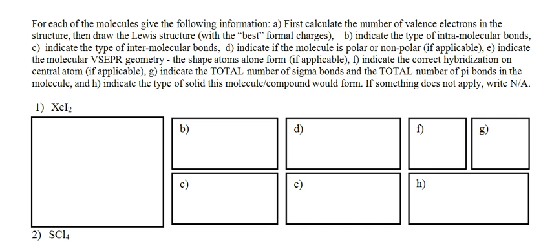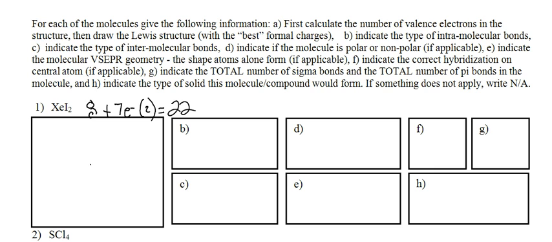What I typically do is I'll start off with the number of valence electrons, so I know that xenon brings 8, plus each iodine brings 7, and there's 2 of those, so 14 plus 8 is 22, so we should have 22 total electrons in this structure.